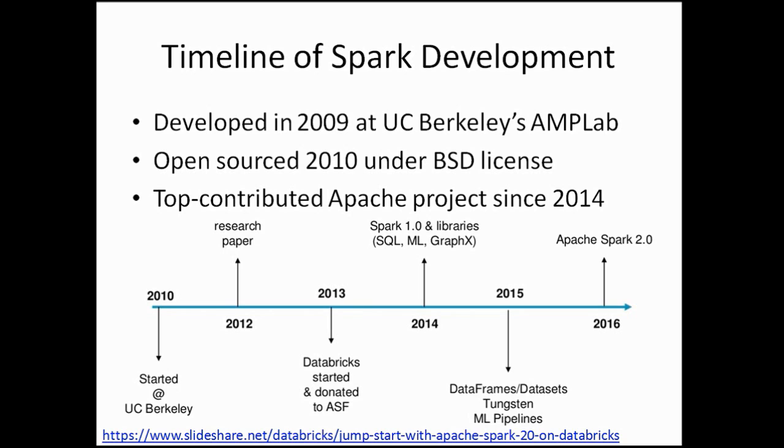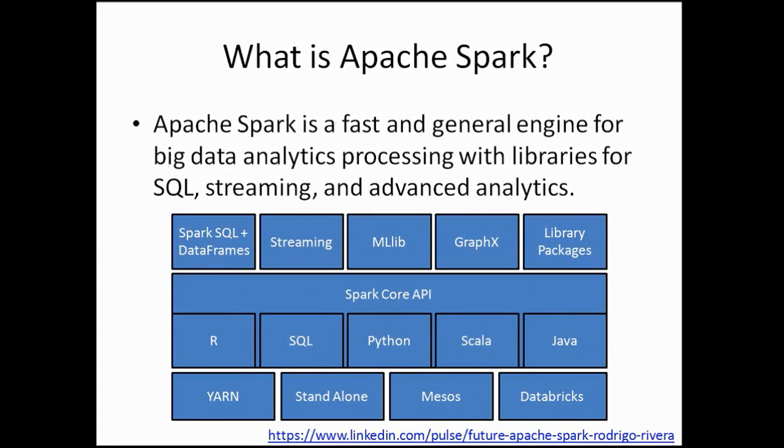It was donated to the Apache Software Foundation in 2013 and has been a top contributed Apache project since 2014. Spark 1.0 came out in 2014. Project Tungsten, which we will cover, came out in 2015, and Spark 2.0 came out in 2016.